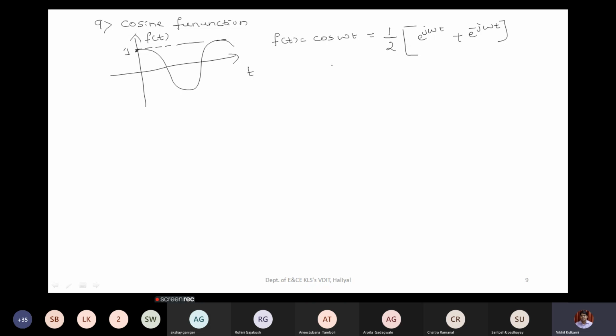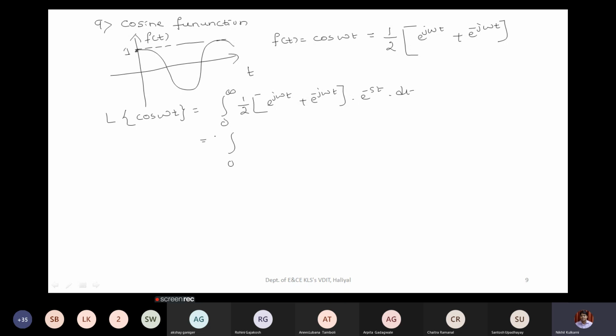Now if you consider the Laplace transform of cos omega t, this will be the integral from 0 to infinity. In the place of f of t you can put 1 by 2 times e to the power j omega t plus e to the power minus j omega t, into e to the power minus st dt.